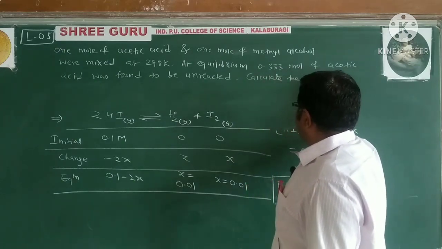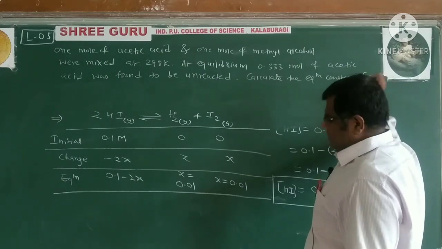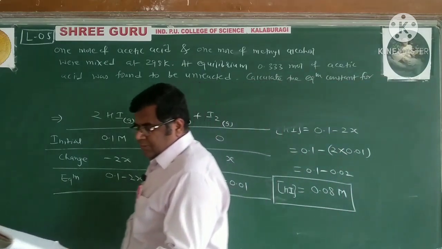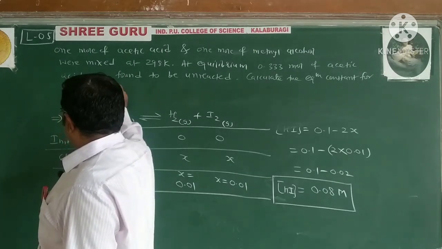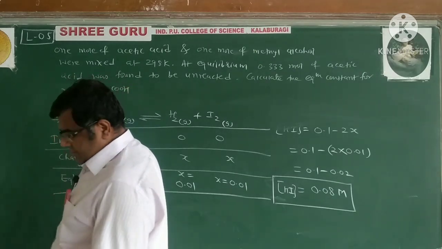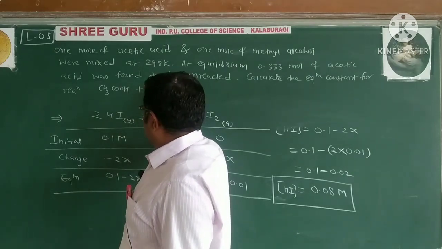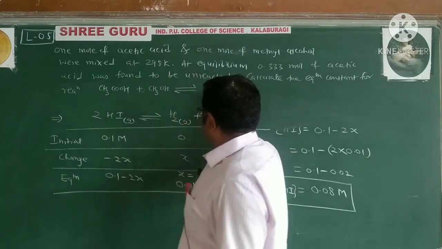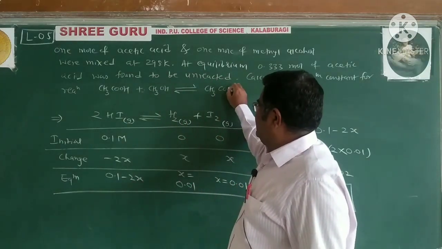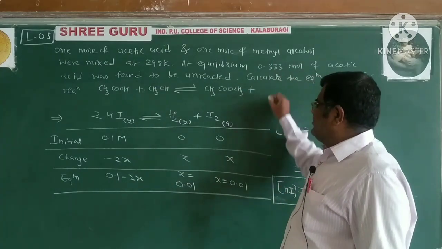Calculate the equilibrium constant for the reaction. They have given the reaction: CH3COOH plus methyl alcohol, an esterification reaction, gives CH3COOCH3, methyl acetate, plus H2O.